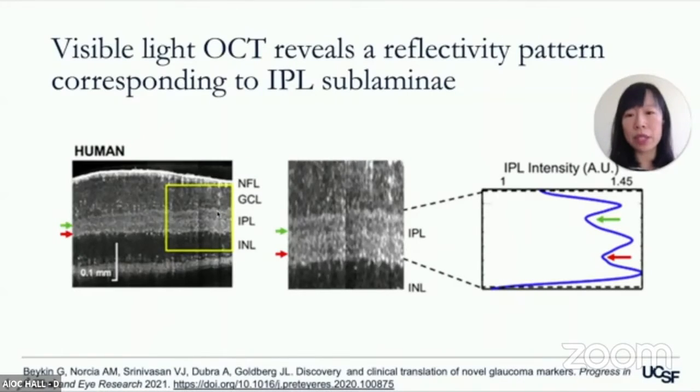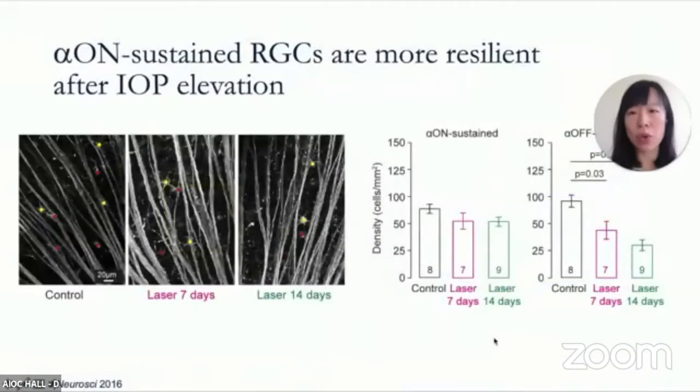But visible light OCT can now demonstrate these hyperreflective bands segmenting different portions of the inner plexiform layer, much like we see in histology. And in fact, I know that Dr. Gasabi may have spoken earlier during this meeting about their work showing that there may be differential thinning of various sublamina within the IPL in glaucoma patients versus controls.